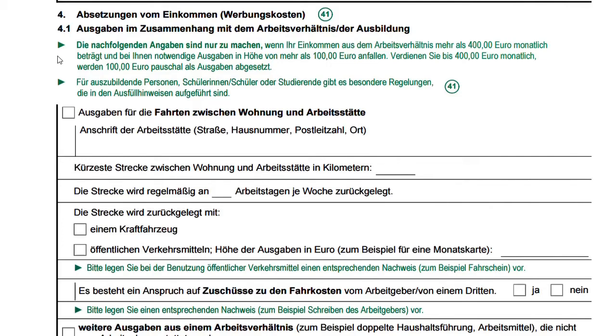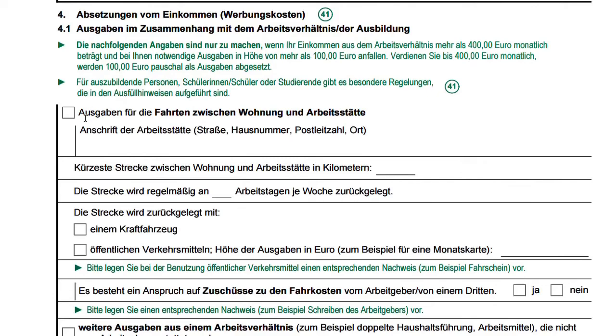If you earn up to 400 euros per month, 100 euros will be deducted as a lump sum as expenses. For the trainees in vocational trainings, for pupils or students, there are special regulations which are listed in the instructions for filling in the form. And the instructions for filling in the form will be sent to you by the job center. Or if you have not received it yet, you can find it on the internet.